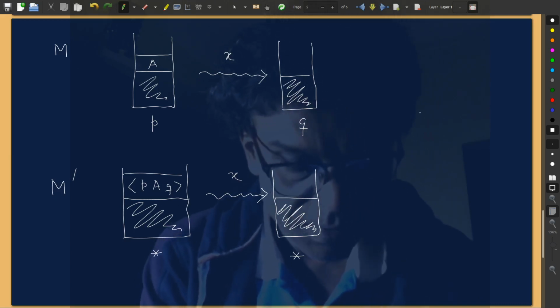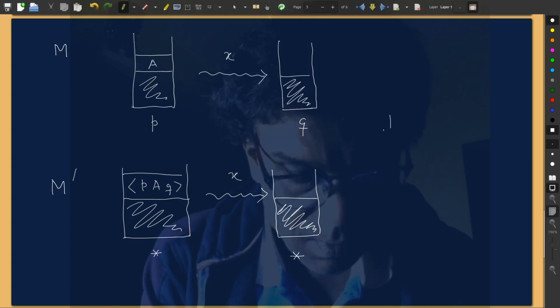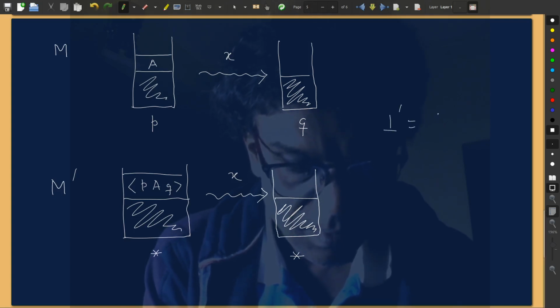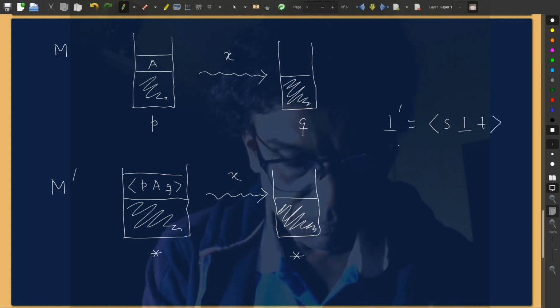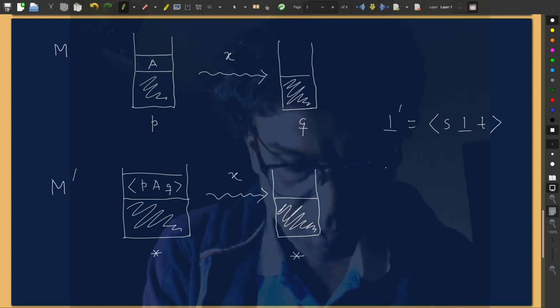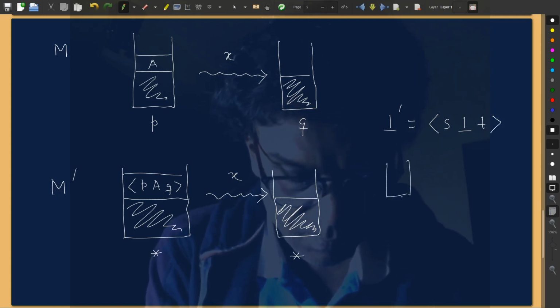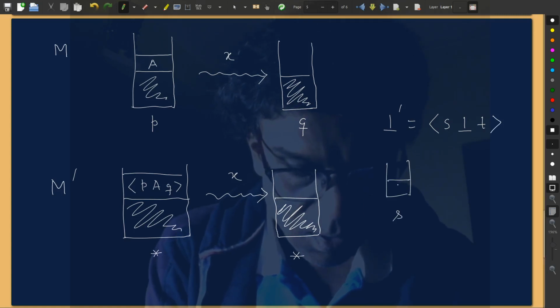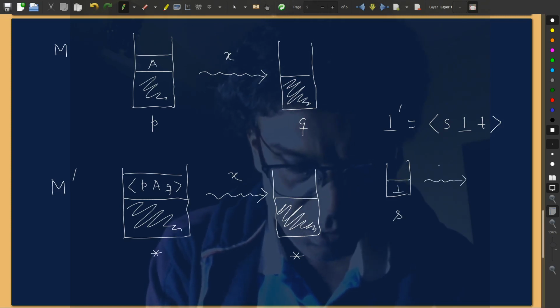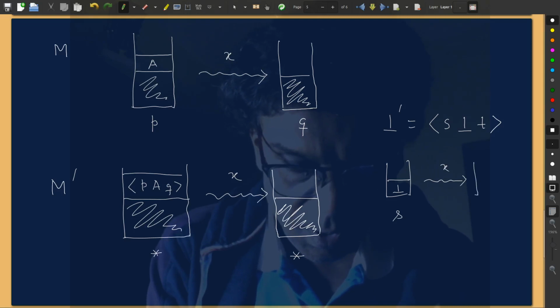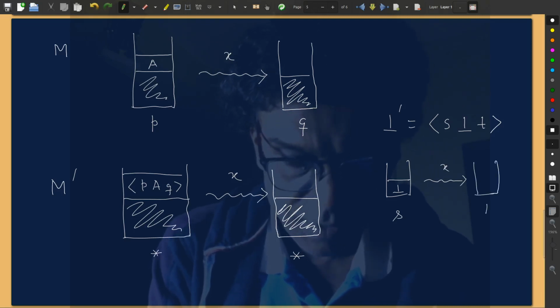Now it says that M starts its operation in state S with only the bottom marker, and after reading the input, it must go to the accept state T with empty stack.